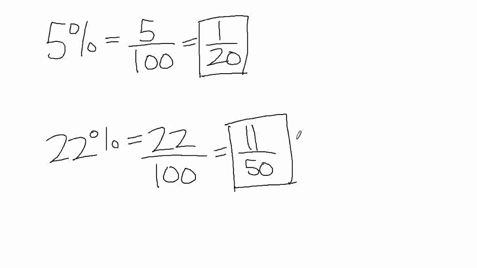Now let's talk about converting fractions to percents. Let's start with 1/2. So if you already know how to convert decimals to percents, then a good strategy would be to first convert a fraction to a decimal. All right?